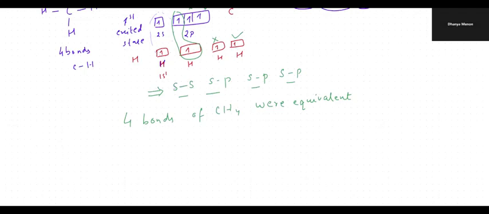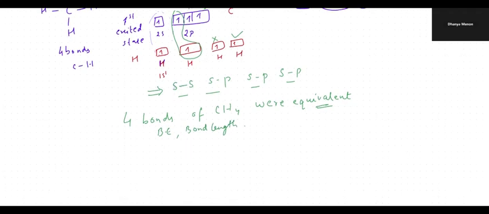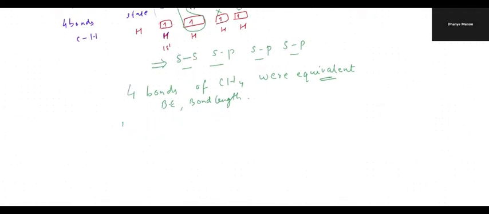That means bond energy is the same and bond length is the same. Okay, so this was the failure of valence bond theory, and here is when hybridization came into play.